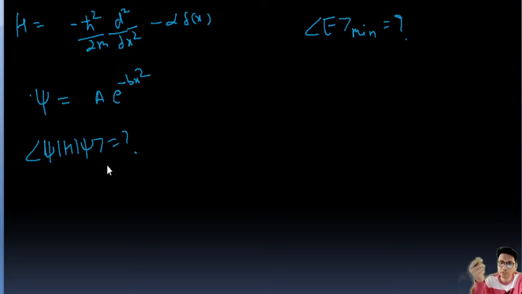From there we'll find the value of b, and then we put this value of b in the expectation value, the ground state energy, and we'll get the required solution, that is, E minimum.